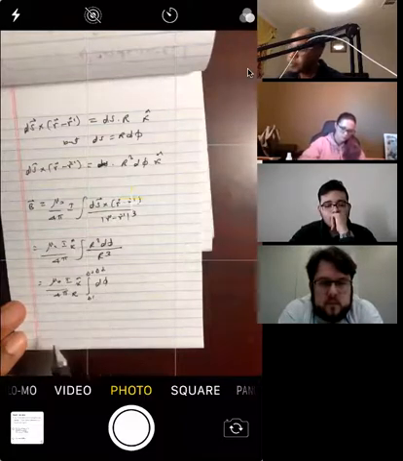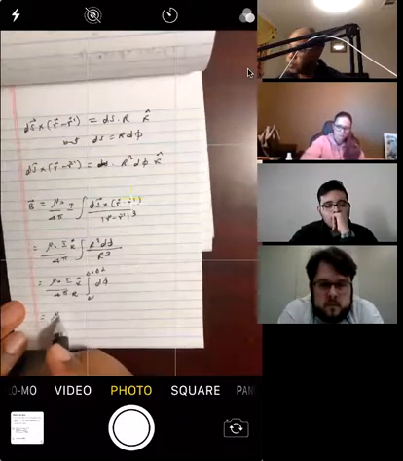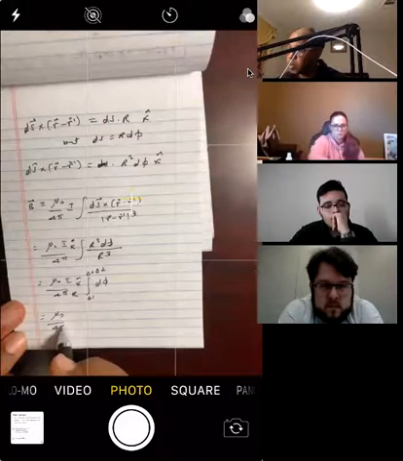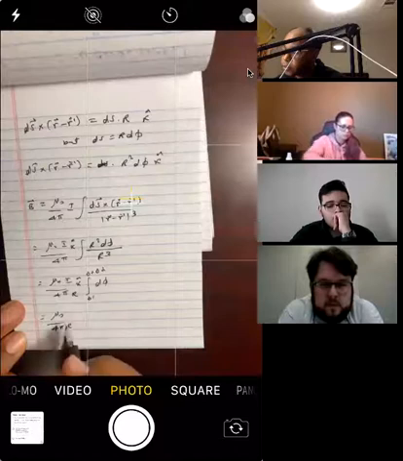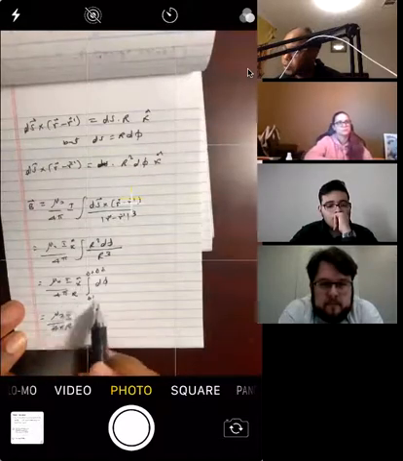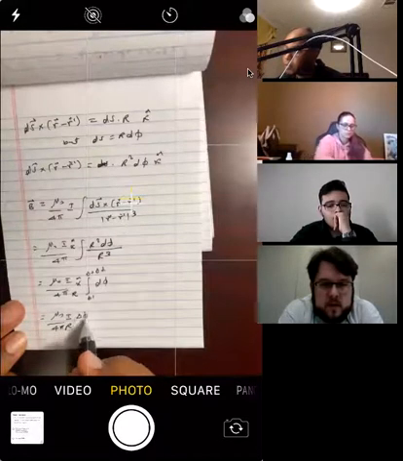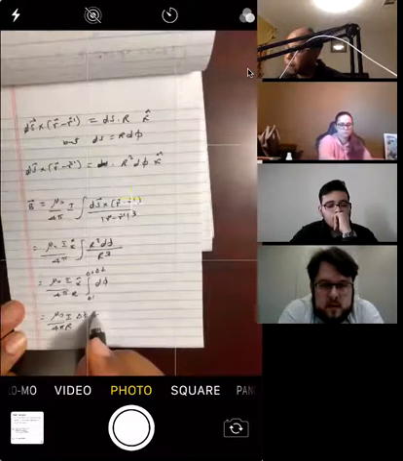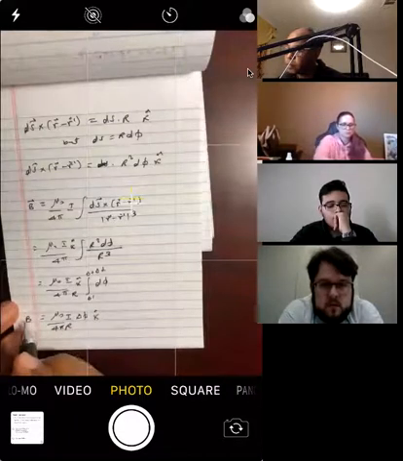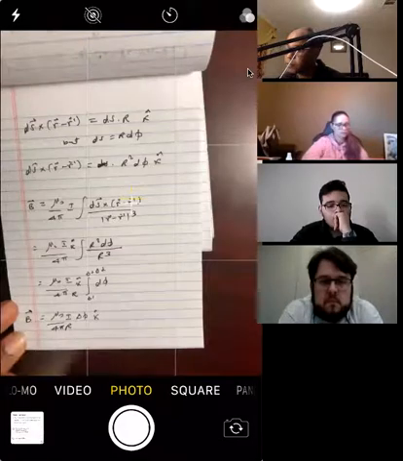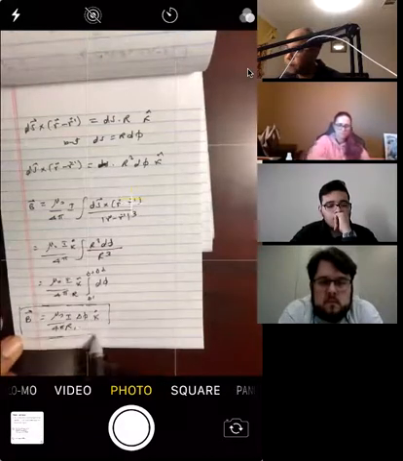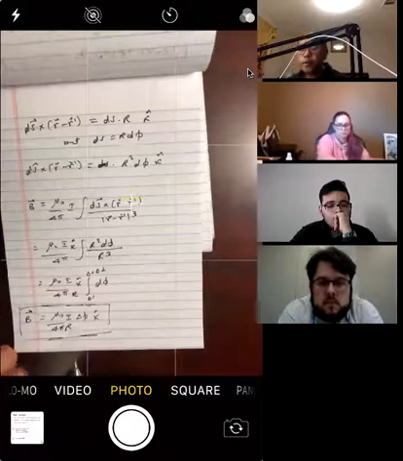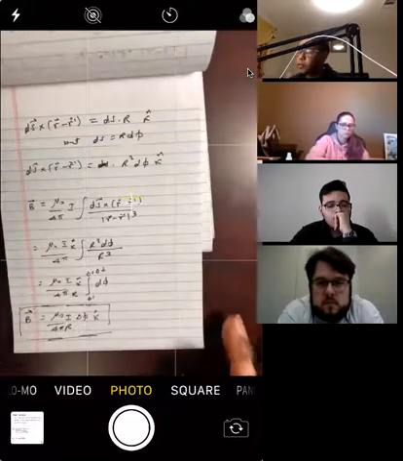So we have mu naught I over 4 pi r, and this gives me delta phi in the k direction. That's the magnetic field at the center of this arc, where delta phi is the angle for the arc.